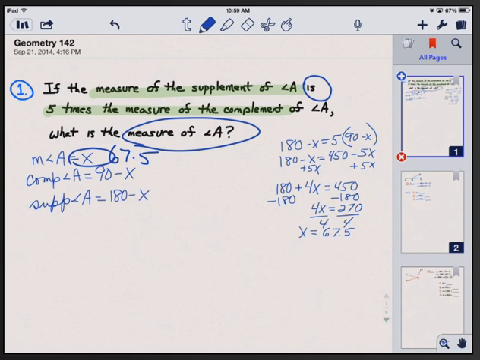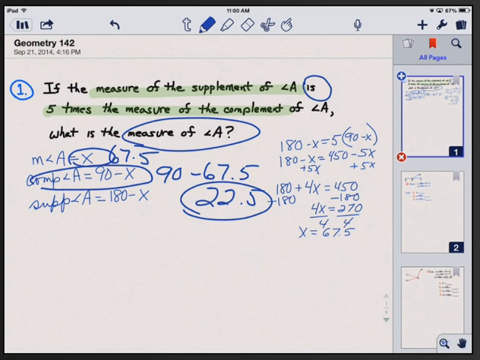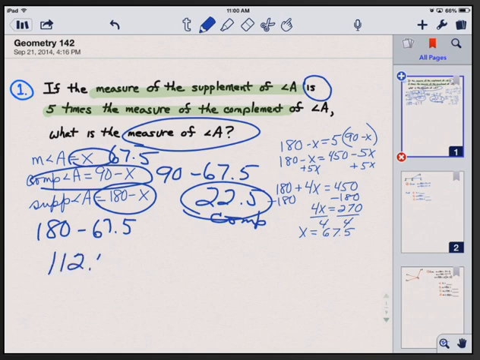A is 67.5, so the complement is 90 minus 67.5, so the complement is 22.5. That's the complement. And the supplement is 180 minus 67.5, which gives us 112.5.